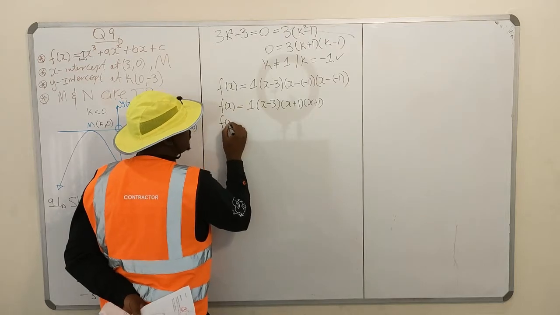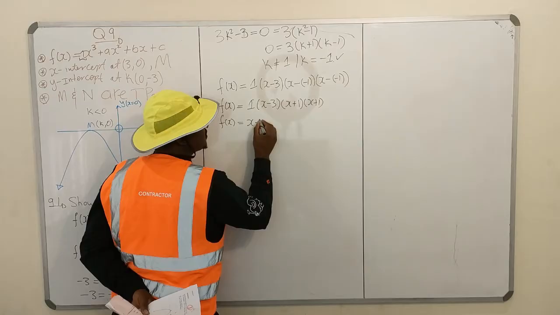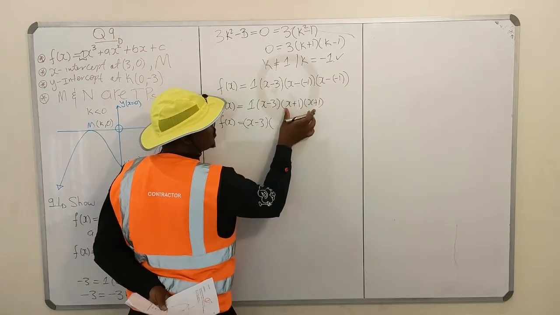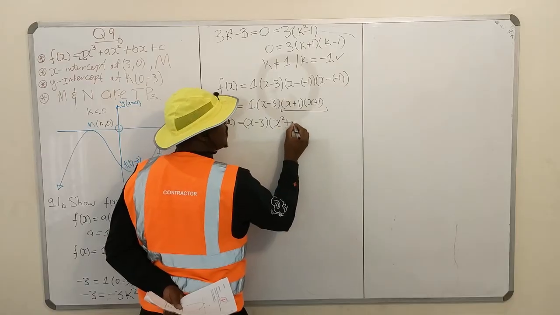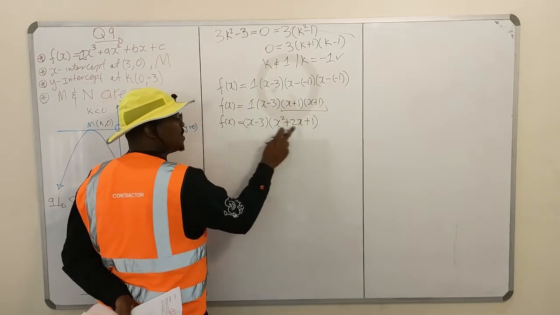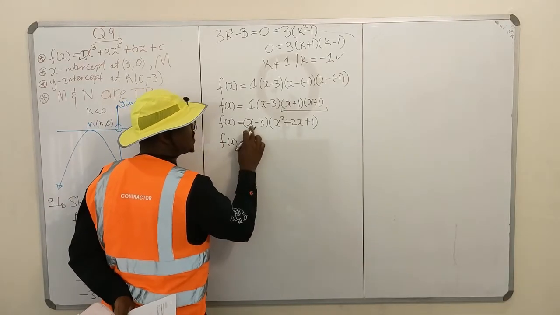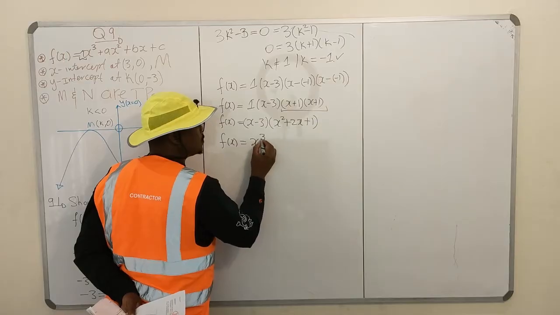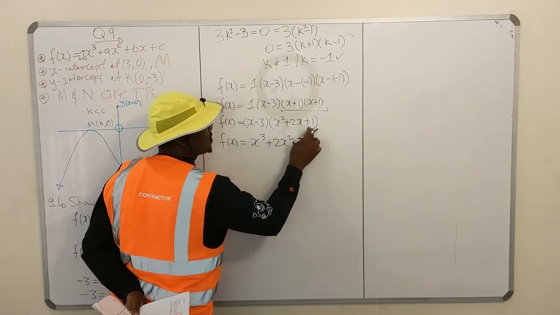So f as a function of x is equal to, multiply this out. So you have x minus 3 into this, multiply this part out, becomes x squared plus 2x plus 1. And this multiplied by that, so f as a function of x is equal to, this times that is x cubed, this times that, 2x squared, this times that plus x.